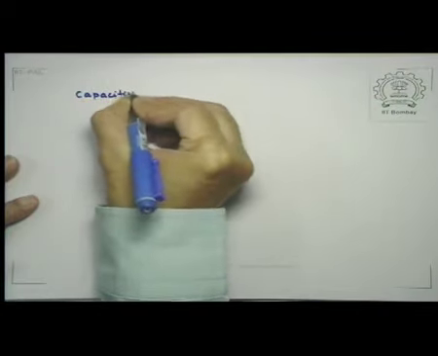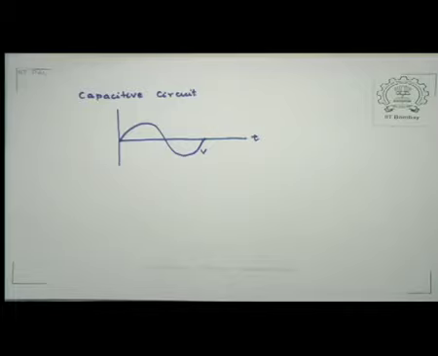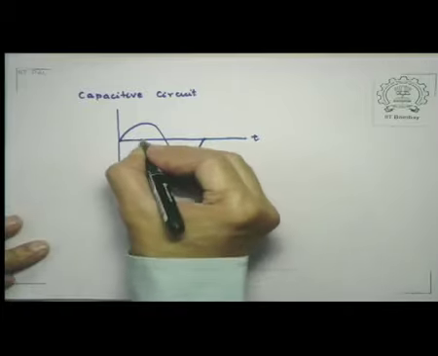So this is V. As before, I plot with time both the current and the voltage, and the corresponding current, because it's a capacitive circuit, because in capacitive elements the current leads the voltage, I would have something like this.